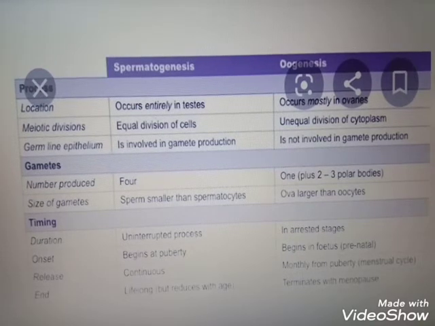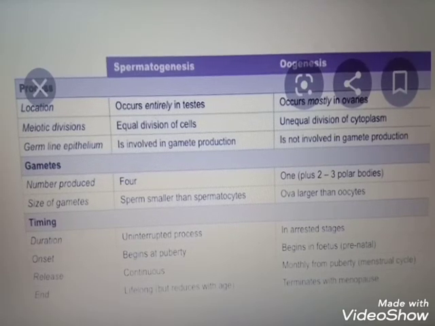Then the germinal epithelium is involved in gamete production in spermatogenesis, but in oogenesis there is no involvement of the germinal epithelium. In spermatogenesis the number of gametes produced is 4. In oogenesis only 1, and the others are polar bodies. The sperm size is smaller than the spermatocyte and the ovum is larger than the oocyte.